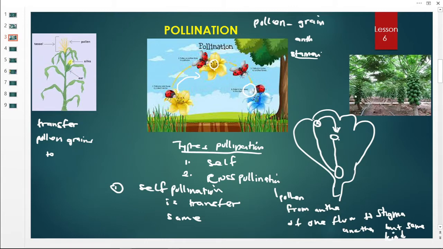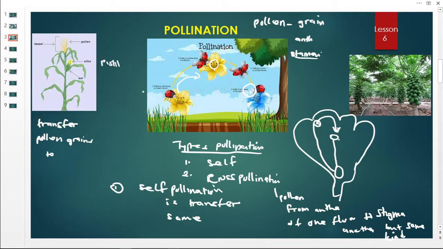For example, if you look at this diagram here, we have the maize. Here we have the tassel. This tassel is the male part which produces the pollen grains. Then down here we have the silk. The silk makes up the pistil, the female part of a flower.